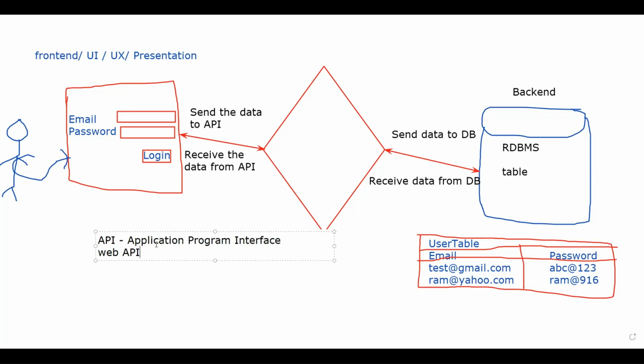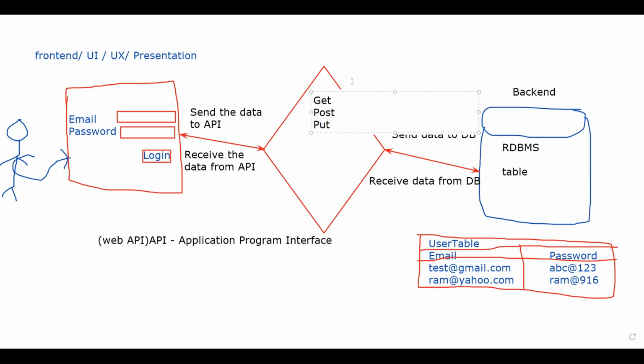Since we use it for web applications, and not only web applications but also mobile applications, everywhere we are using this API. In this Application Program Interface, there are a few methods: get, post, put, delete, patch. So what is this? The name itself says it.